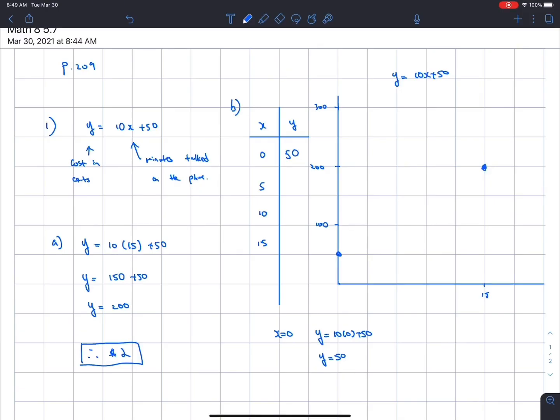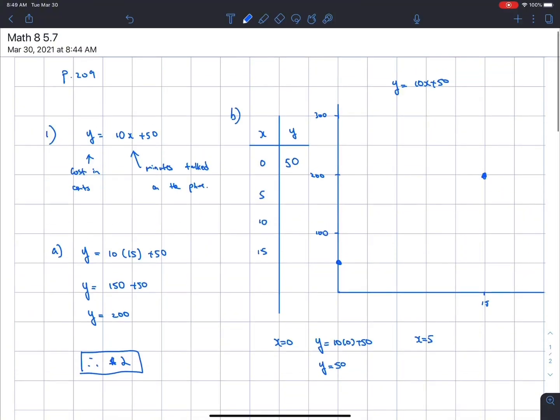Next, I can do x equals 5. When x equals 5, using the same equation, y equals 10x plus 50, I can replace the x with a 5. And I get 100. So where is 5?